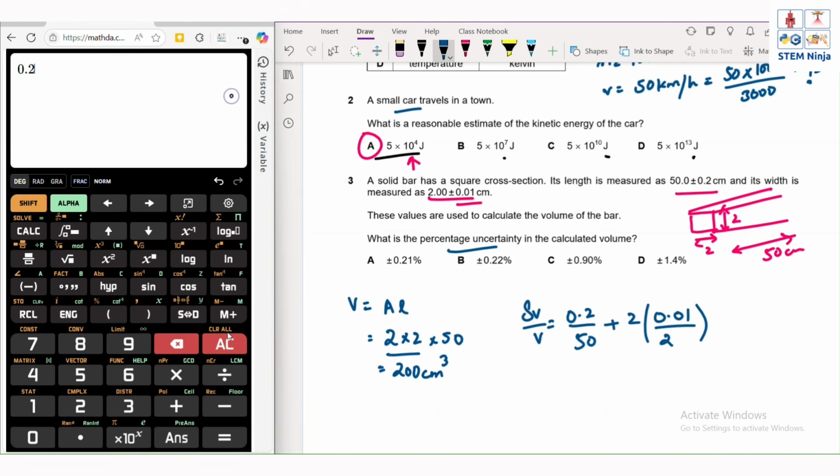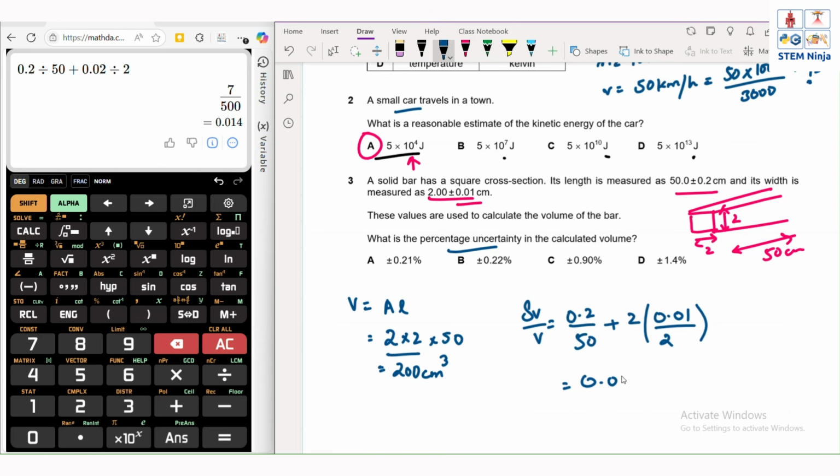So you get 0.2 divided by 50 plus 0.02 divided by 2, and then times 100. This gets 1.4%. Good. Okay, now moving on.